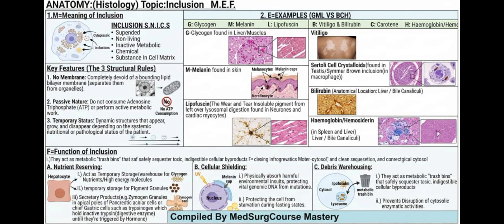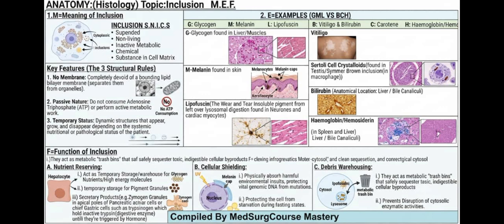NDC, very simple. As nutrient reserving, number one, it acts as temporary storage for, remember what we said, glycogen. So NDC is for the function.